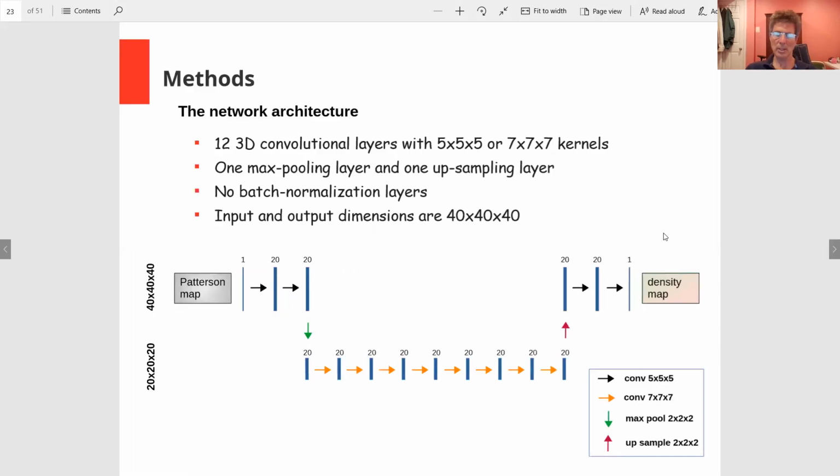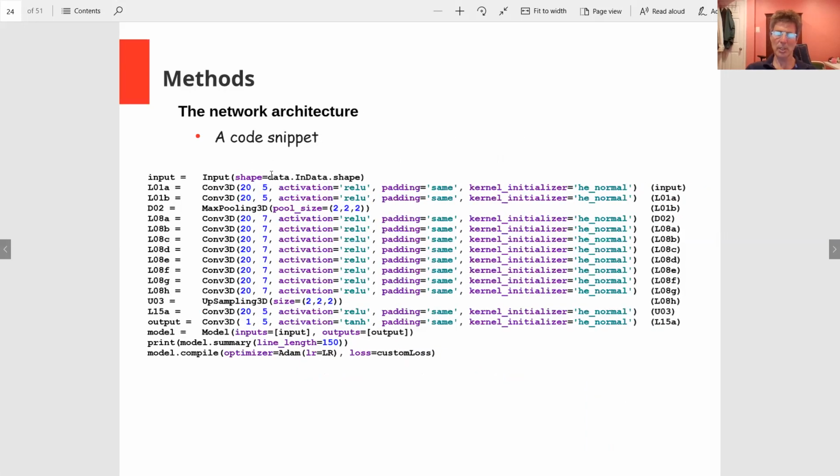All right, so that's a basic idea of the network architecture. And here's a code snippet that shows how simple it is using Keras to encode that architecture. You can see here there's 12 3D convolutional layers, one max pooling layer, one upsampling layer.